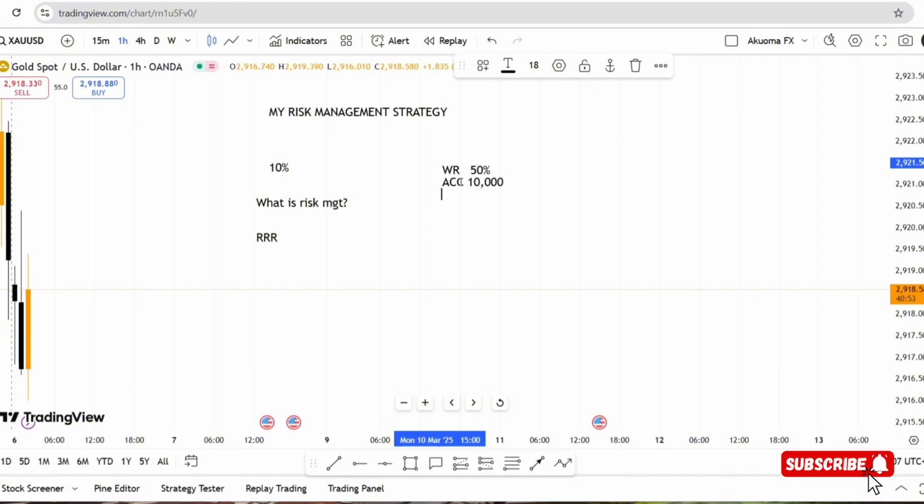Let's say you had 10 trades for the month. The number of trades you took, I'm going to be writing it as numbers of trades. Okay, account balance or account size.